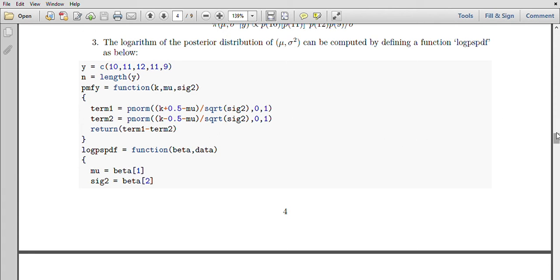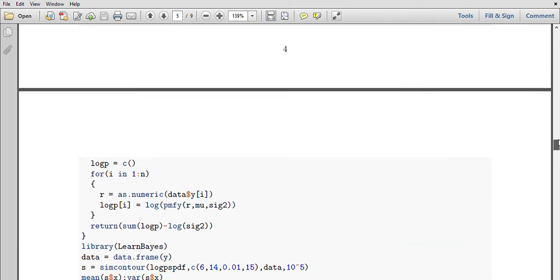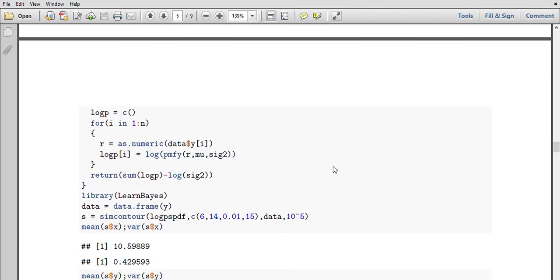Notice that this function logpost PDF is to be used to simulate observations using the simcontour command, and so the LearnBayes package has certain requirements regarding the function which computes the posterior distribution of the parameters.